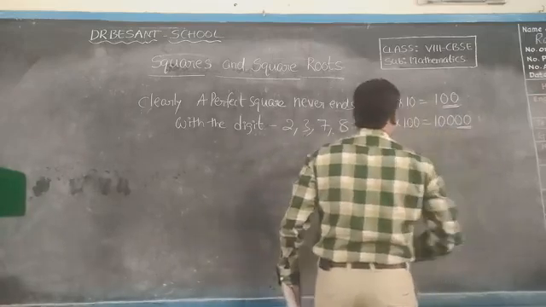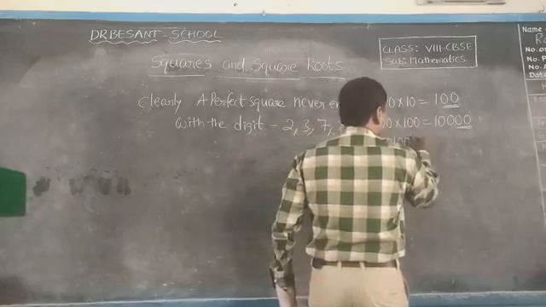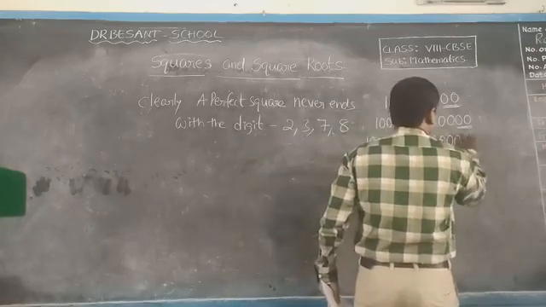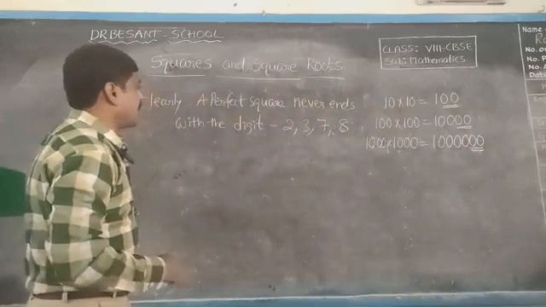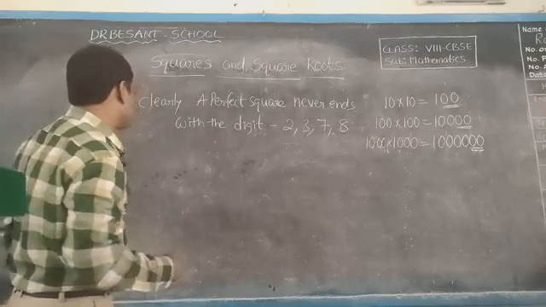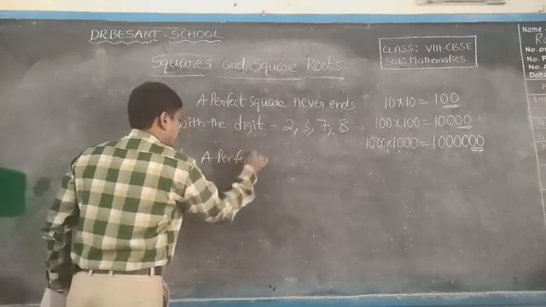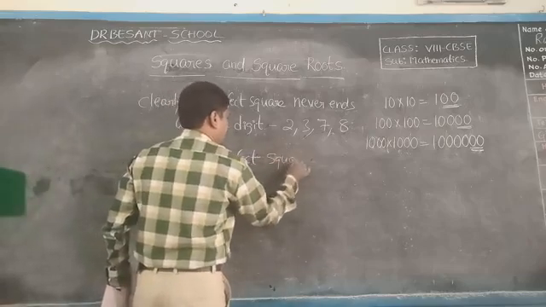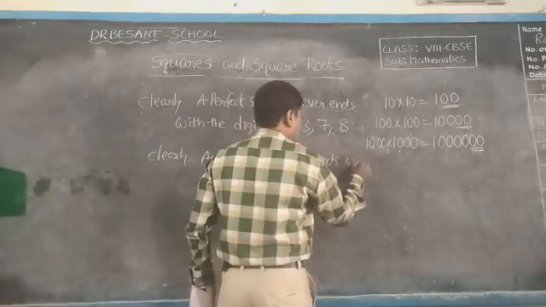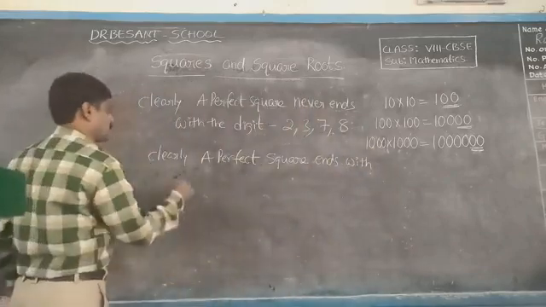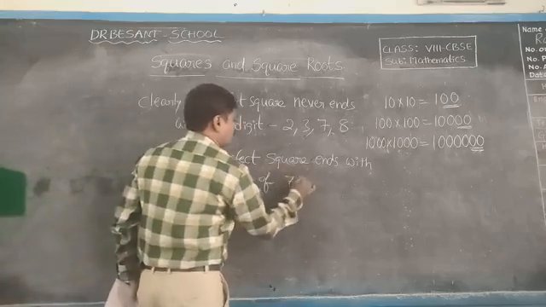Okay, it is having 4 zeros. 1000 into 1000 is 1,000,000, 6 zeros. So clearly a perfect square ends with an even number of zeros.